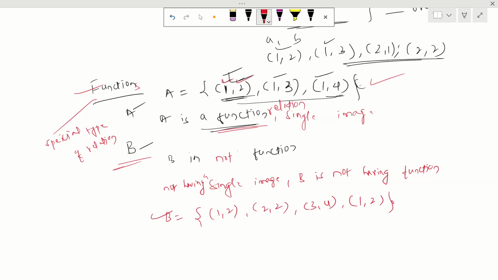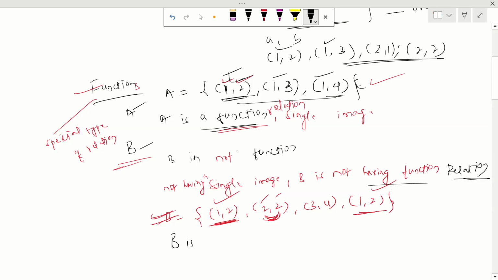We can say B is not a function, because here 2 repeats within a pair, and the pair 1, 2 is also repeating. Then this set does not have a single image, and therefore B does not have a function relation.